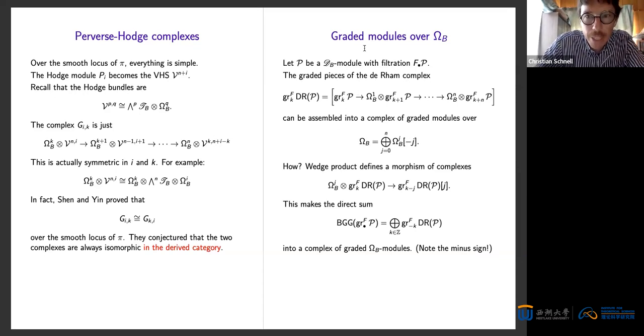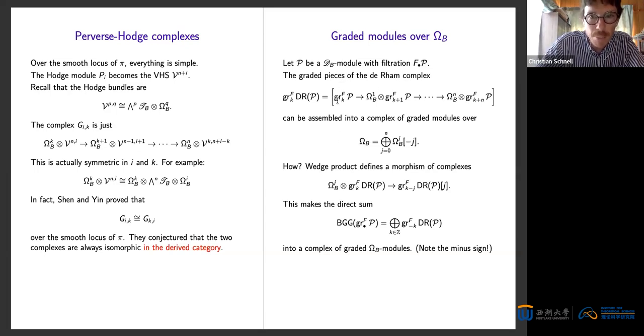Okay, so the observation is, if I have a D module with a filtration, then I can take the graded pieces of the de Rham complex, and in there you see holomorphic forms show up. If I take the direct sum of all of these graded pieces, I can actually make it into a complex of modules over this algebra omega B, basically by just wedging with the forms, right?